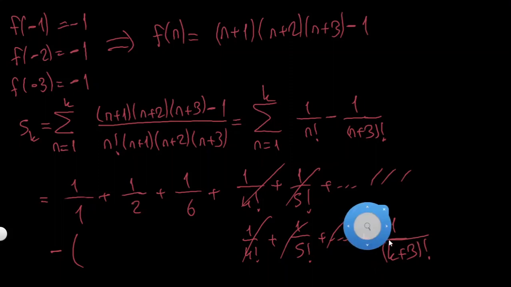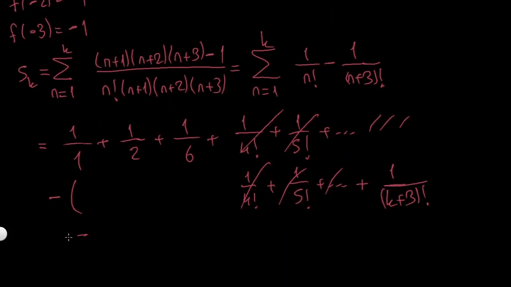But here, this infinite sum, as n goes from 1 to infinity, is equal to the limit as k goes to infinity of sk. And so this is going to be equal to, if I take this limit, I have a few constants.